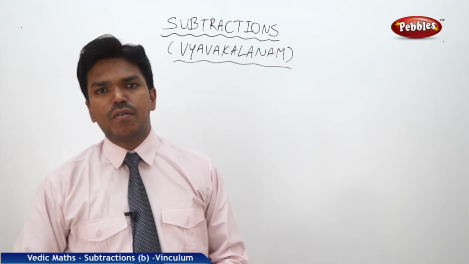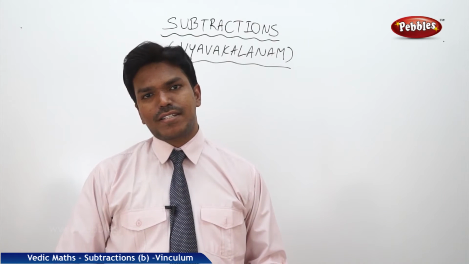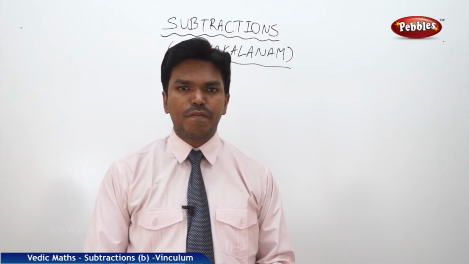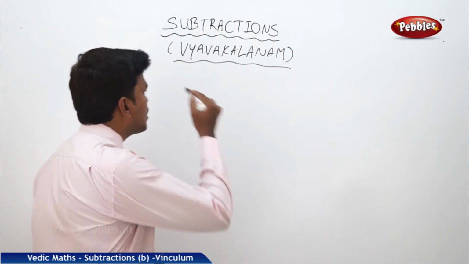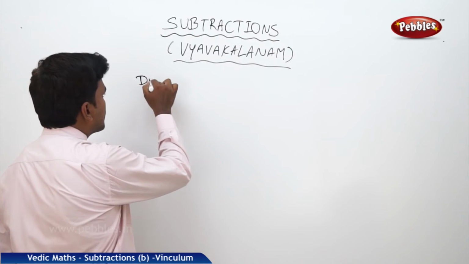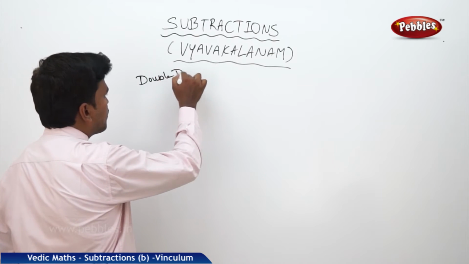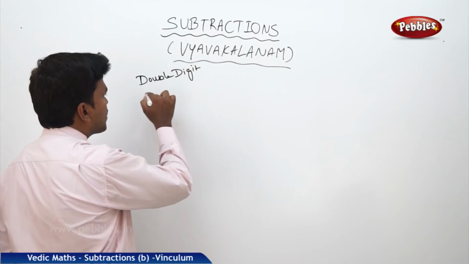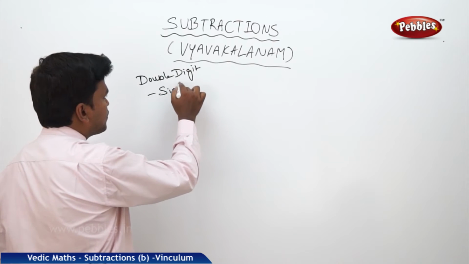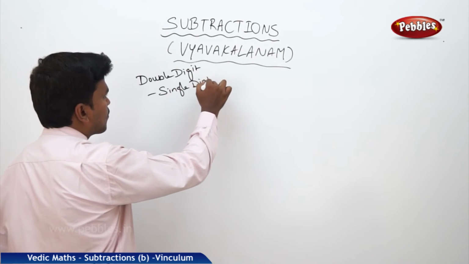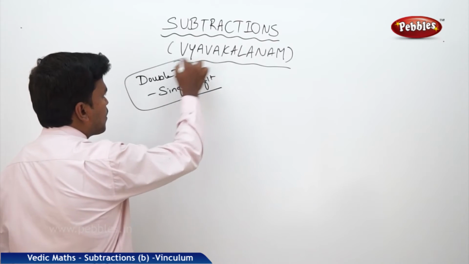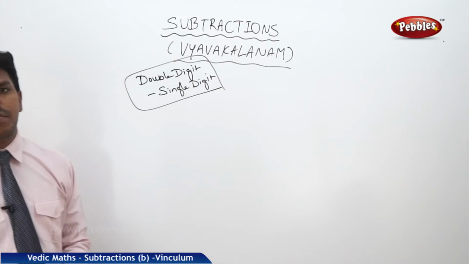So we are done with the basics. Now we will start the actual subtractions in an easier way. First, we will start with double digit minus single digit, by applying the Vinculum Sutra.